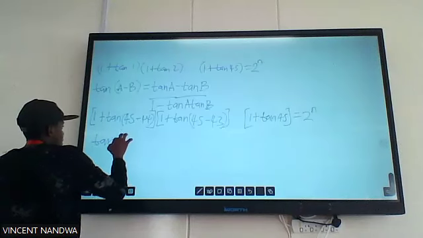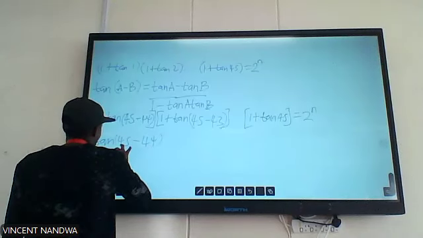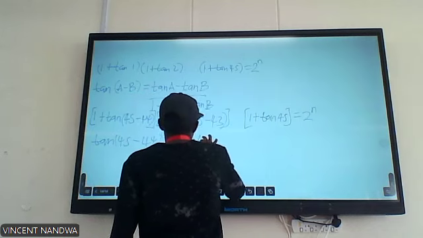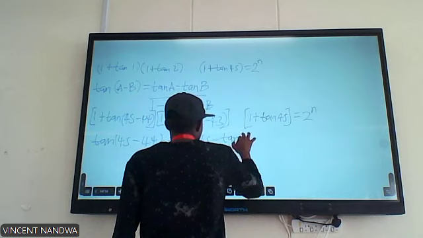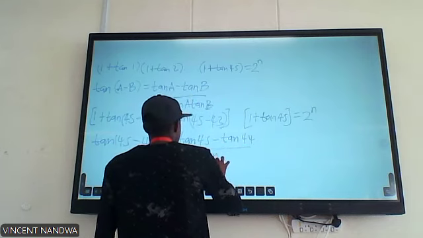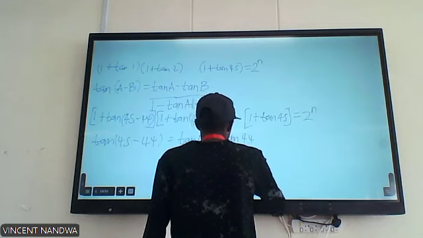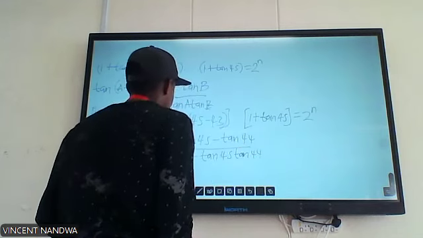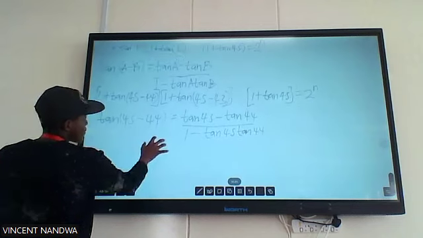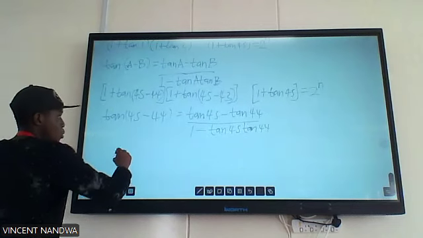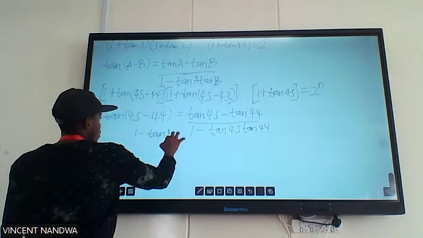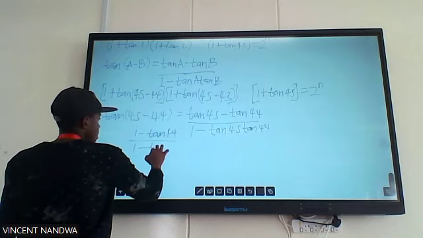So then tan 45 minus 44 is equivalent to... Then this can be reduced to 1 minus tan 44 over 1 minus tan 44.